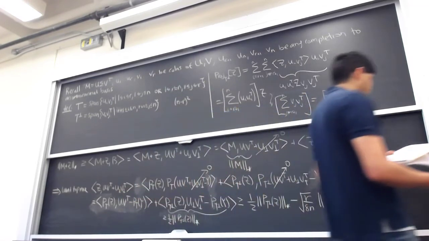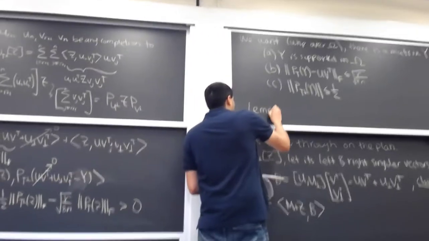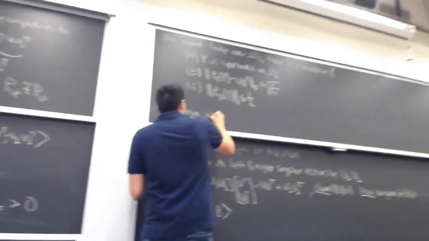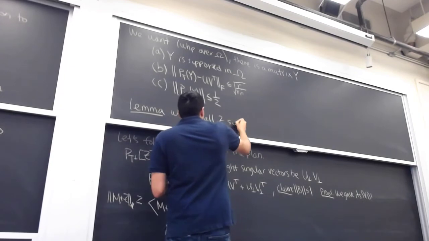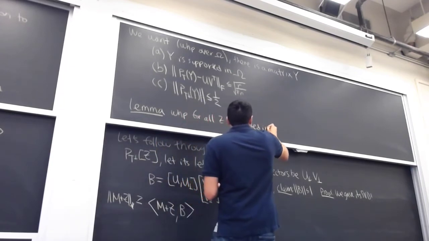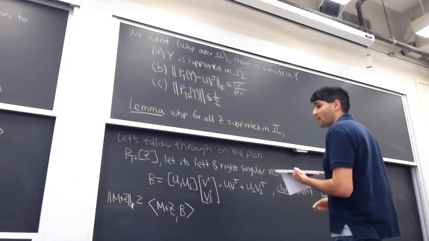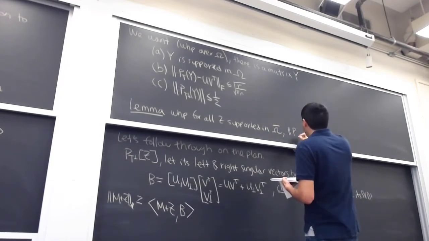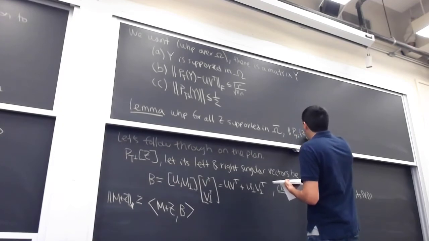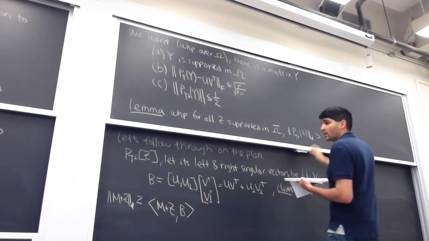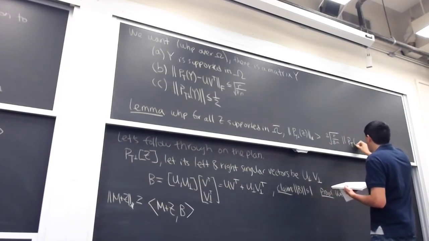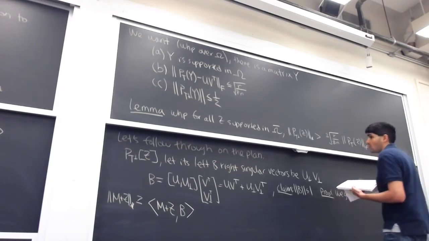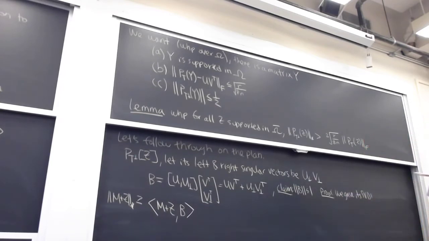I can state it precisely, but the lemma which we're going to defer the proof of is that with high probability, for all Z supported in omega complement, the nuclear norm of PT perp of Z star is strictly larger than 2 times square root of r over 8n times the Frobenius norm of PT of Z. Is that 2 times or square root?